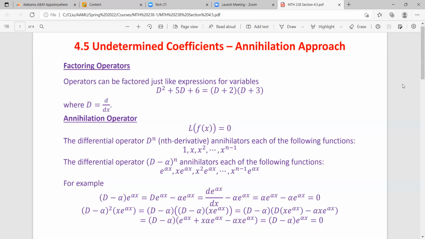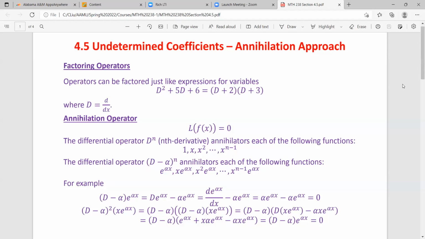But let's just do it step by step. So you've got another D minus alpha in the front, and you can distribute the function x e to the alpha x to D and alpha, so you get D of x e to the alpha x minus alpha x e to the alpha x, where D is the differential operator, as we know.